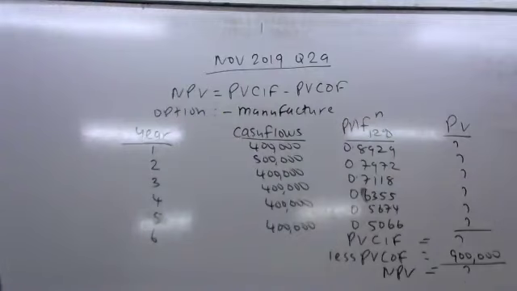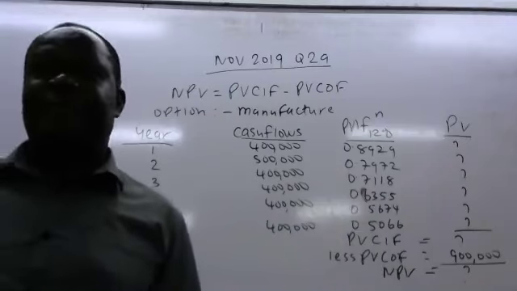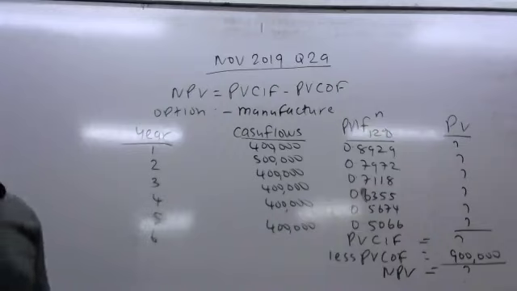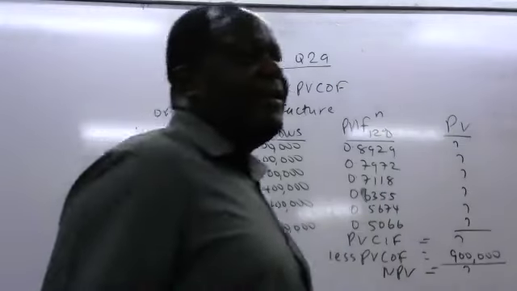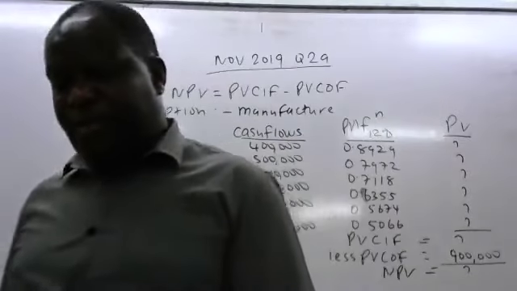So that one is giving us an NPV of how much? 824,280. So that was the Roman letter 1 of the question.